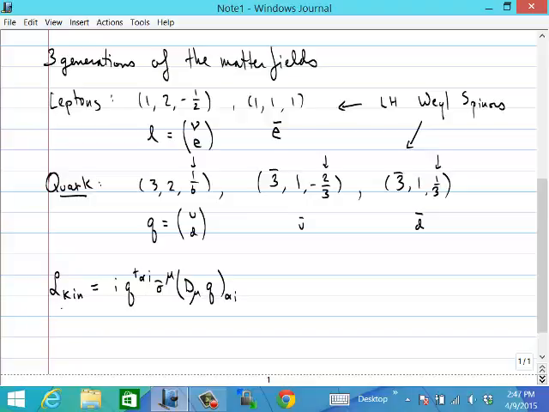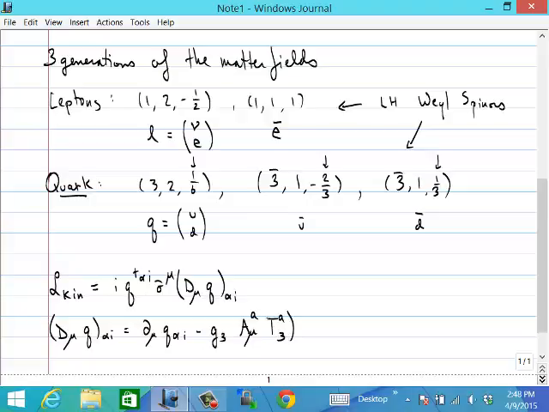And for example, this covariant derivative is exactly what you would expect given its charge assignments. So it couples to the gluons, the SU3 gauge fields, in the usual way.